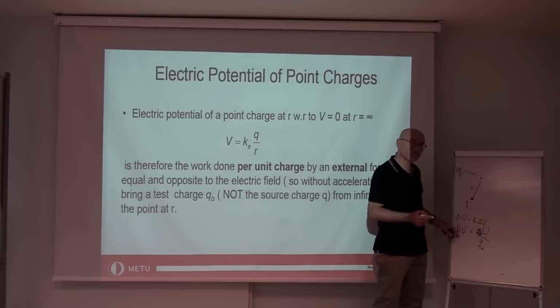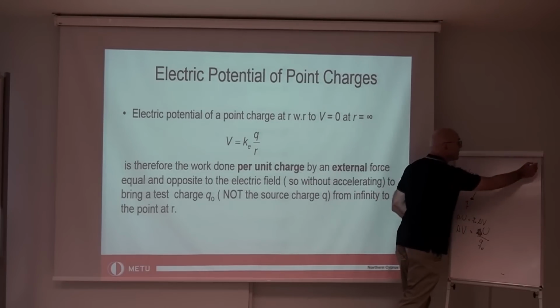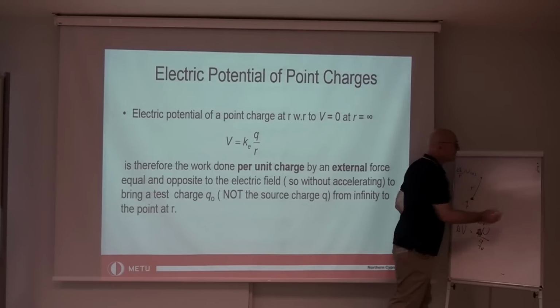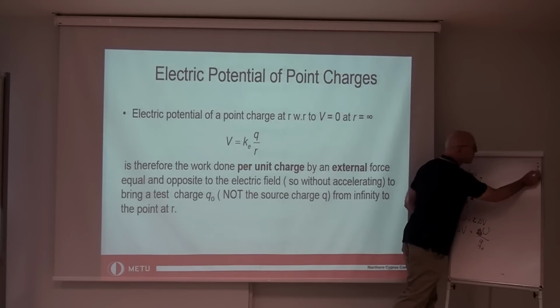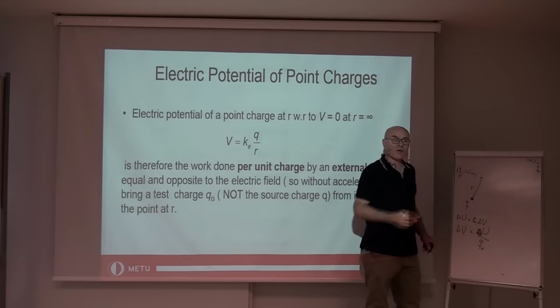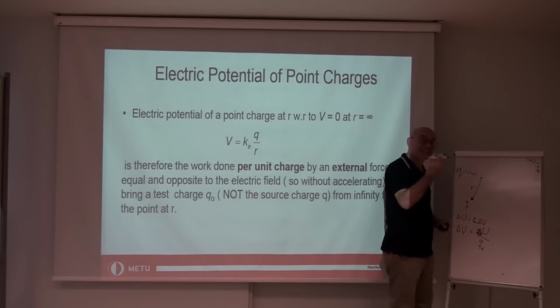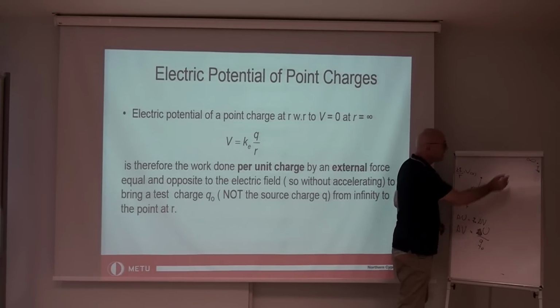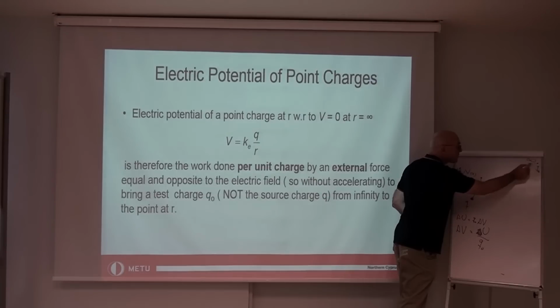That is, the potential difference is just the potential energy per unit charge. Now assume you are at infinity and you take a test charge, Q naught. Now bring this test charge from infinity to this point here.